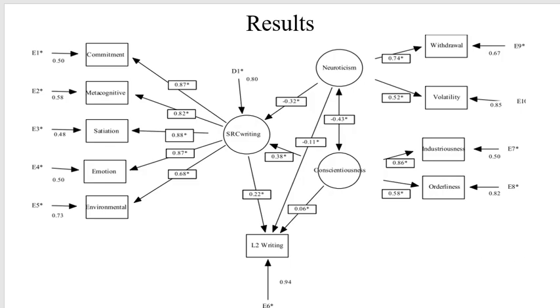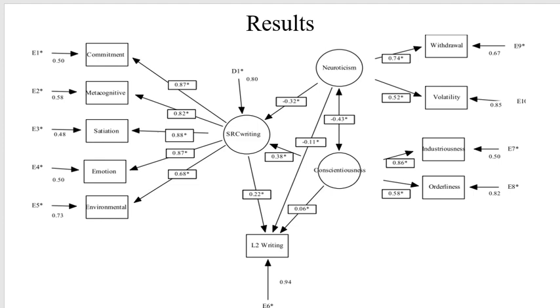Next, is the model evaluation. The hypothesized model in this figure represents a structural relationship between SRC and the two personality traits of neuroticism and conscientiousness.